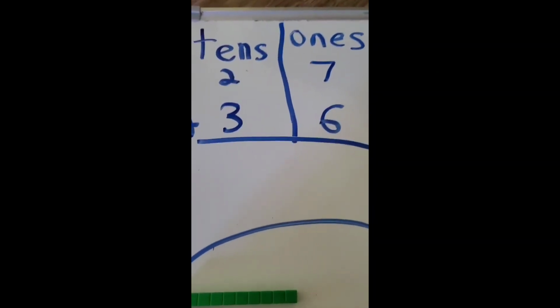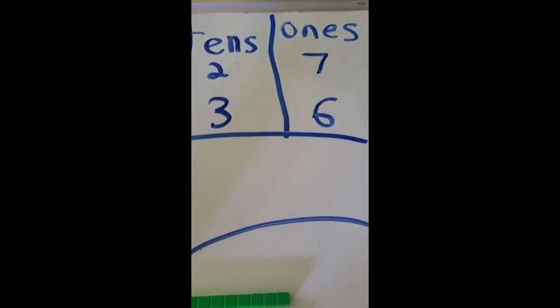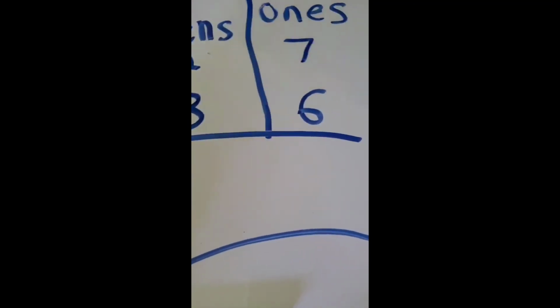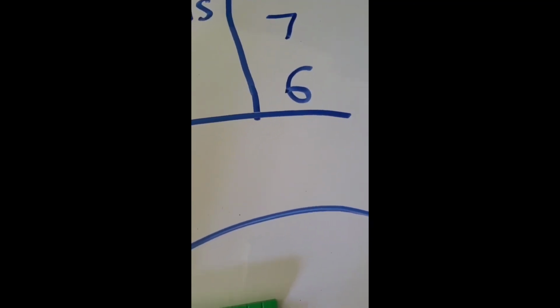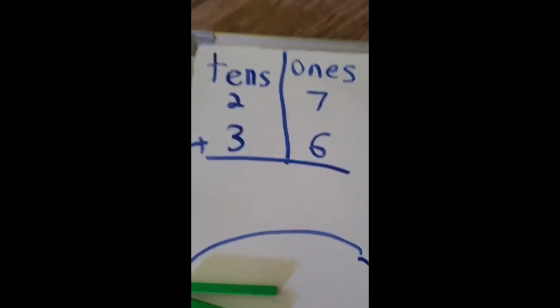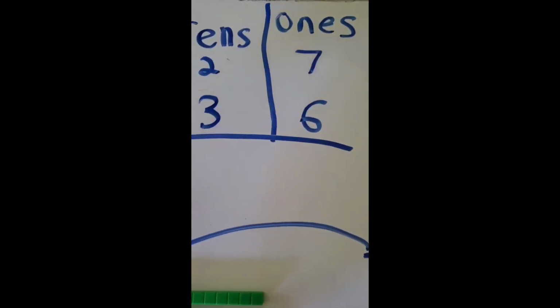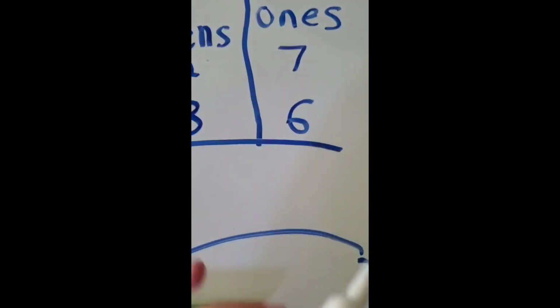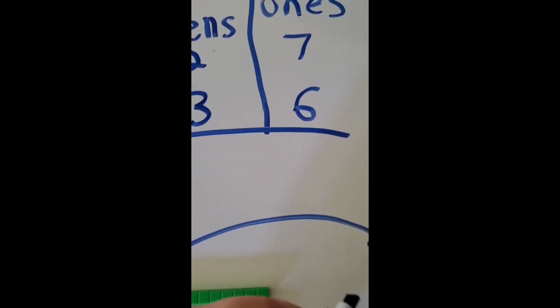So now we're going to use numbers 27 and 36 in our little frame here. Do you guys remember these? See that? We are going to kind of do the same thing, okay? So first, when we do this, we always add up the ones, right? So 7 plus 6 is what? 13.